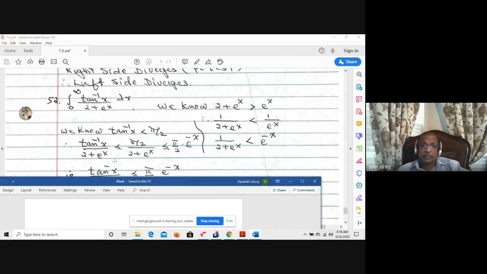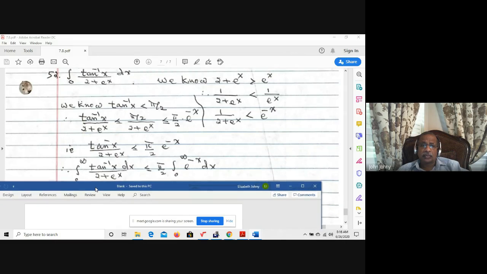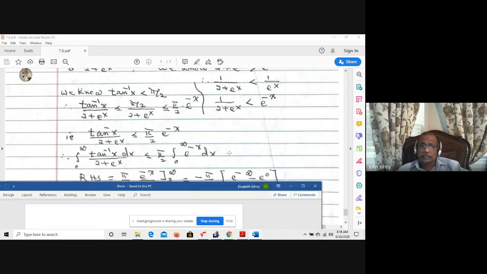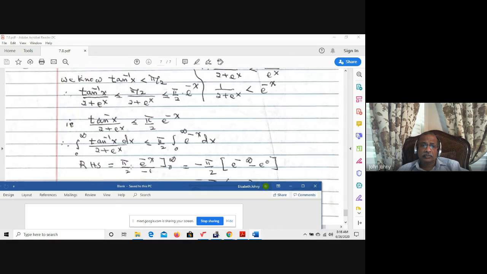So tan inverse x over (2 plus e to the x) is less than or equal to pi over 2 times e to the negative x, and therefore you evaluate this integral. The right side is convergent because pi over 2 times e to the negative x over negative 1 from 0 to infinity is negative pi over 2 times (e to the negative infinity minus e to the 0).